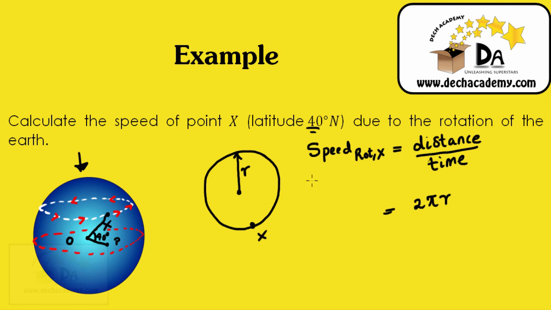What's the time taken for point X to start from this point, move along the circular path and get back to its starting point? Well, that time, as you know, is 24 hours. Pi can be taken as 22/7. 2 is just a number, 24 is a number. So r is unknown. The radius of the line of latitude here is unknown.